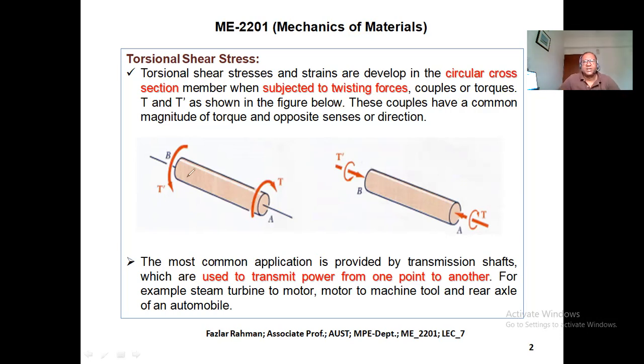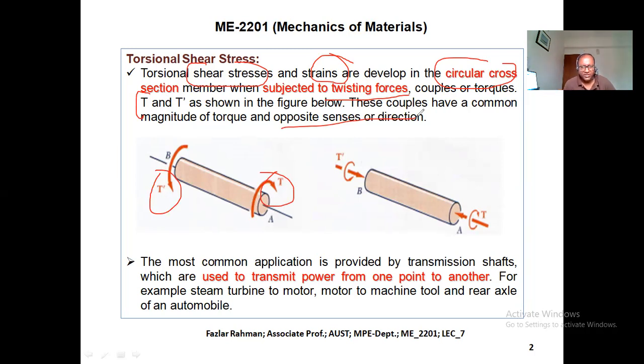Now, when we apply torque, shear stress is developed in the circular cross section when it is subject to twisting force. Couple or torque, that is showing that one end is T prime, the other end is T. These couples have a common magnitude of torque but opposite direction.